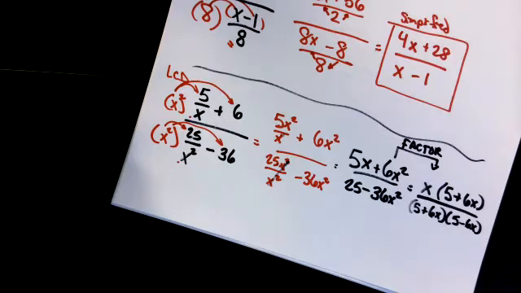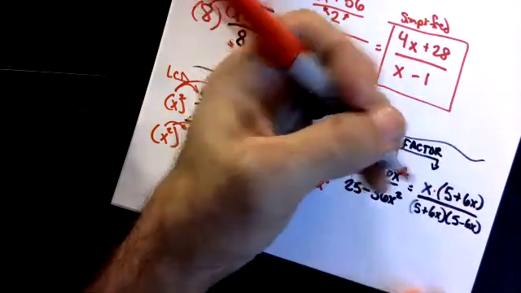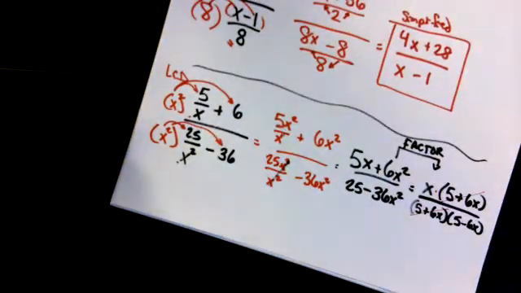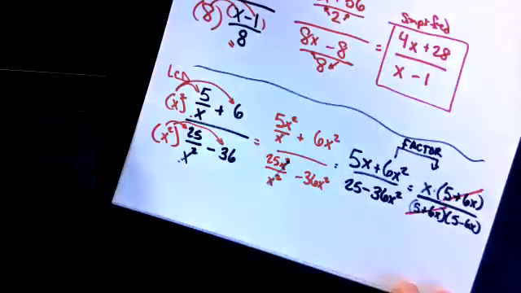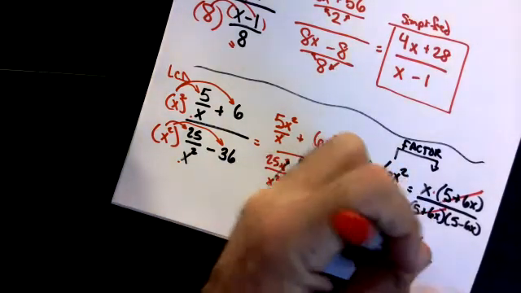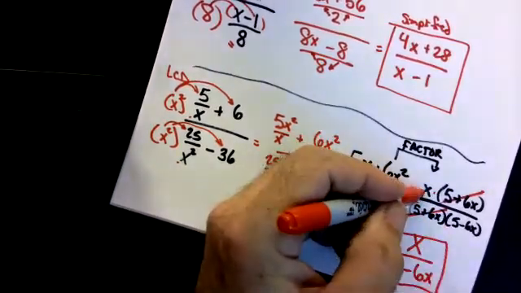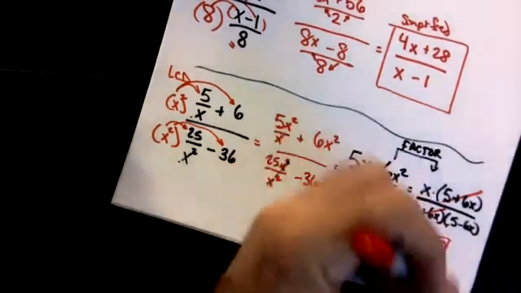And now that we're multiplying, you can start canceling out your common factors. So this 5 plus 6x on top and this 5 plus 6x on the bottom cancel each other out. And your final simplified answer is x over 5 minus 6x.